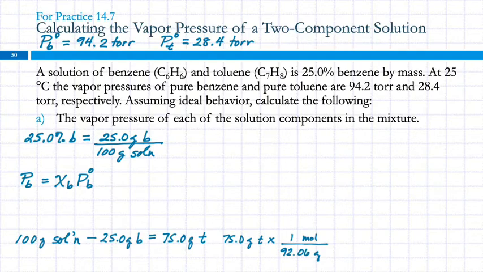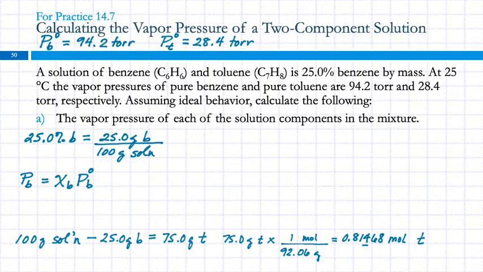So 92.06 grams per mole. We could calculate that, but I don't feel like it right now. So 0.81468 moles of toluene.